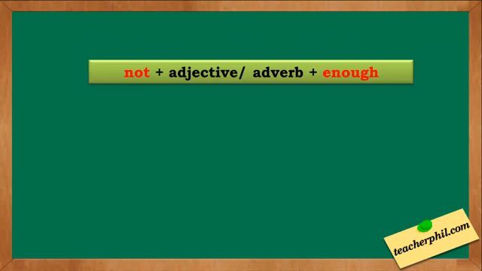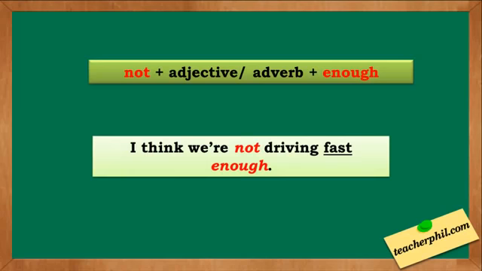If it is with an adjective or adverb, then we have the structure not plus adjective or adverb plus enough. Example: I think we're not driving fast enough. We have here the negative not plus the irregular adverb fast plus enough.